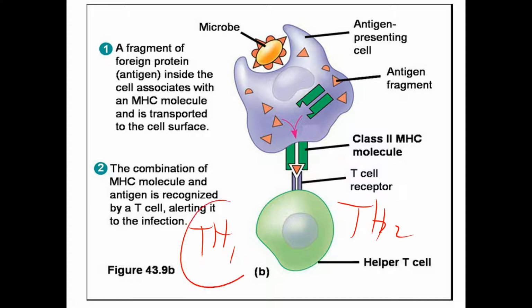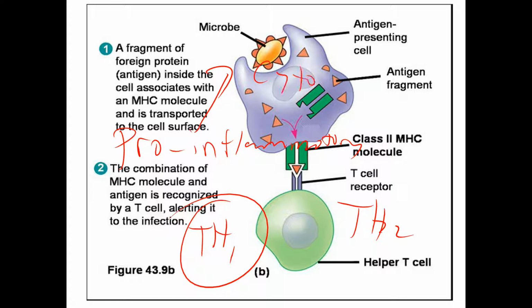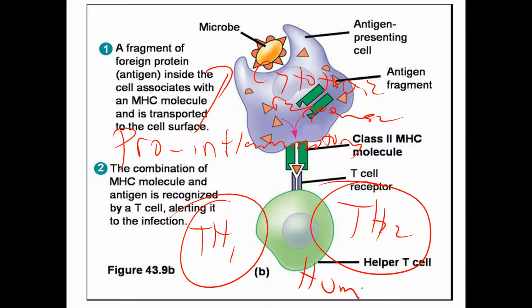Alright, so Th1 is pro-inflammatory. This will actually stimulate a cytotoxic response. Th2, the opposite. This is more of humoral immunity.